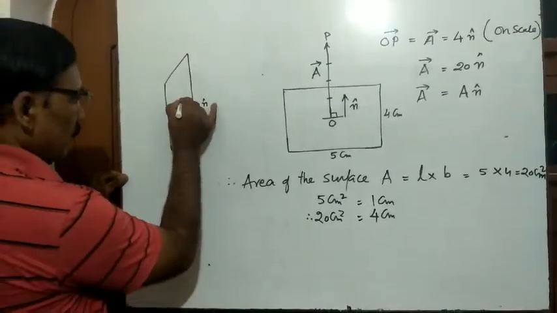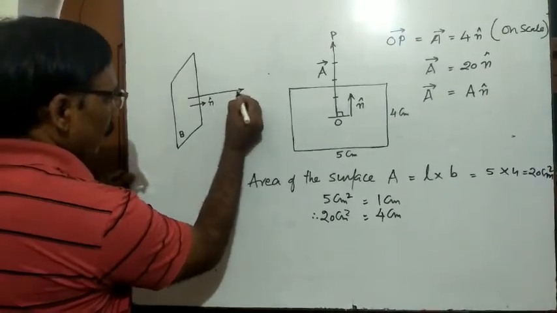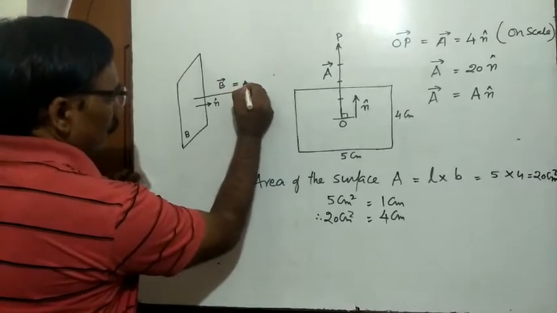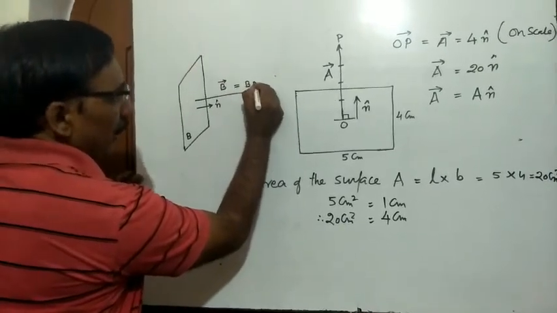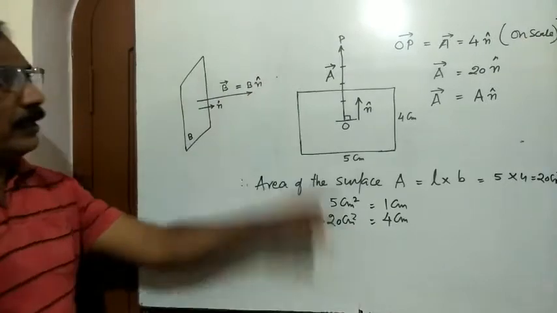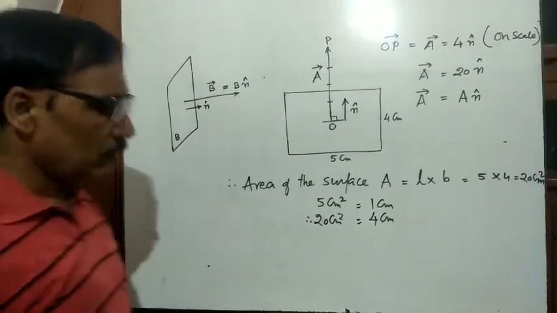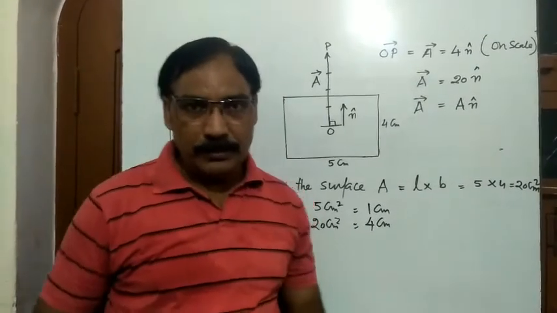So this vector B, which is the area vector, will be equal to how much? B, the area, n cap. B n cap. Clear? Okay. In this way, we represent the area vector.